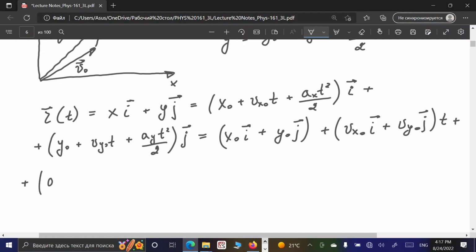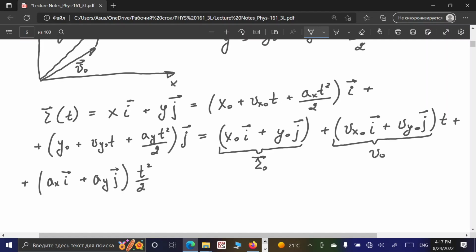It will be ax times i unit vector plus ay times j unit vector, times t squared divided by 2. So eventually we have here our initial position vector, r naught vector. This guy will be our initial velocity vector, v naught vector. And this is our acceleration vector, a.